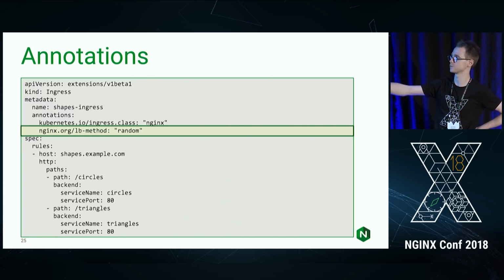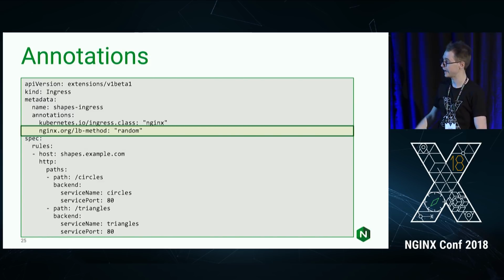And using this annotation, we tell NGINX to use the random load balancing method, random two choices, for all the upstreams for this particular Ingress resource. And for some features, we have ConfigMap keys and annotations for the same feature. So in this case, annotations override ConfigMap values.